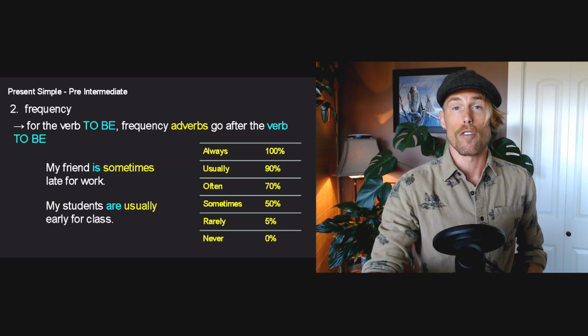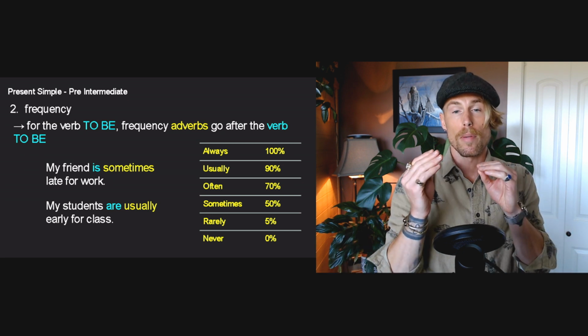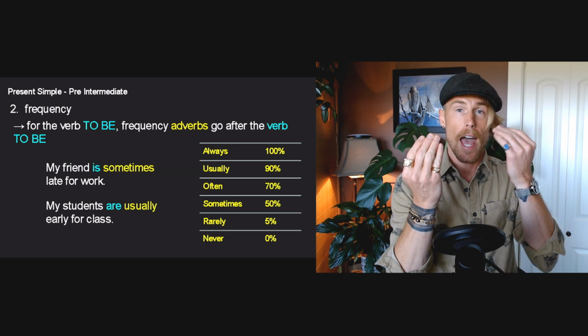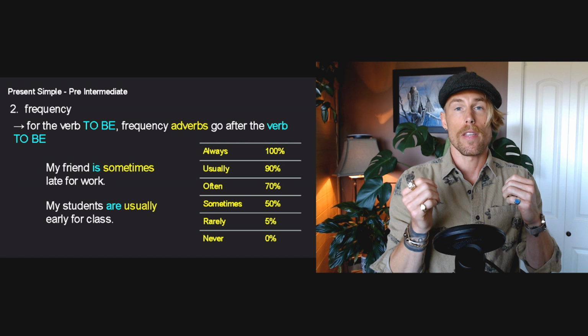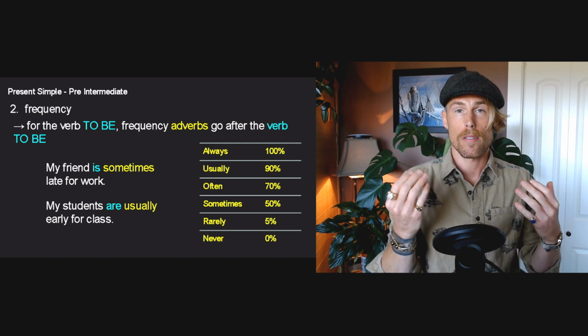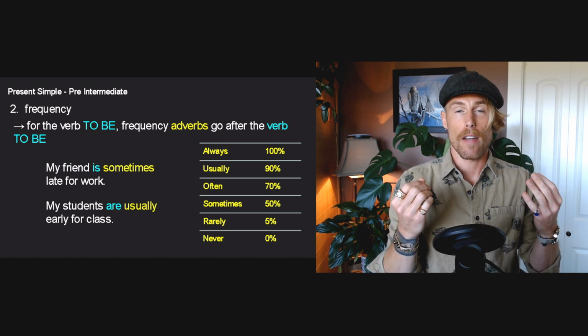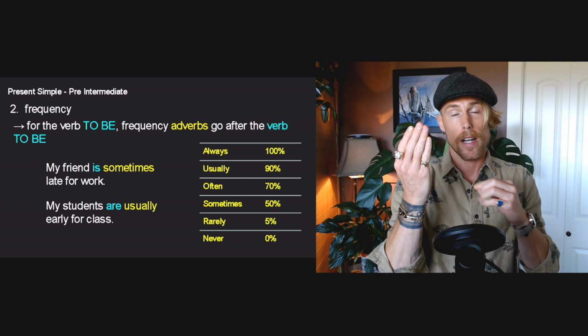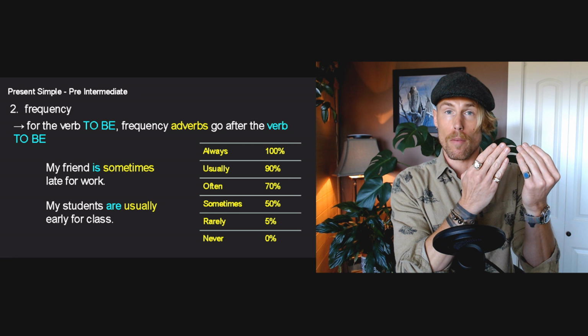So for the verb to be, the adverb goes after the verb. So be verb, adverb. With normal verbs, the adverb goes before the verb. So subject, adverb, verb.